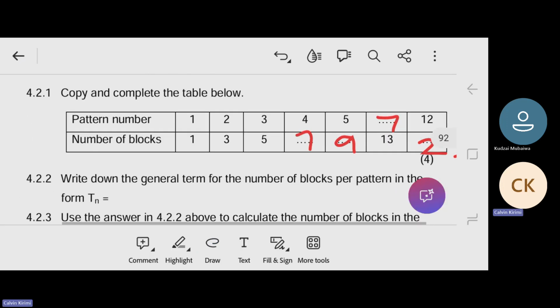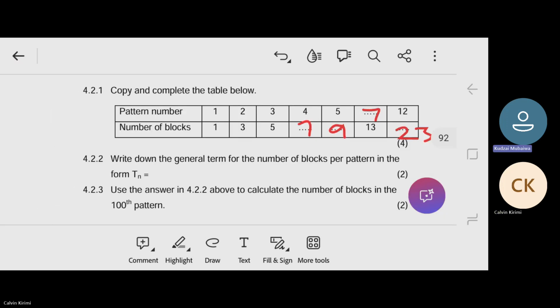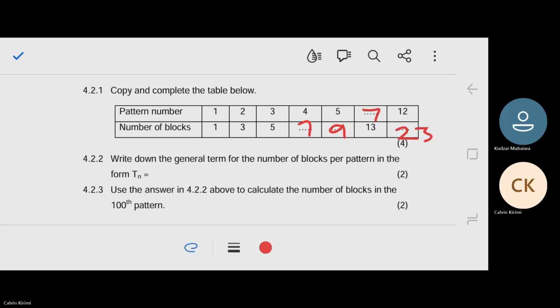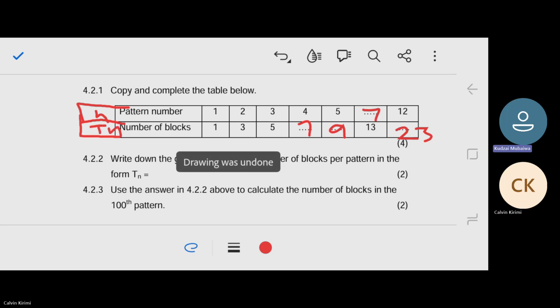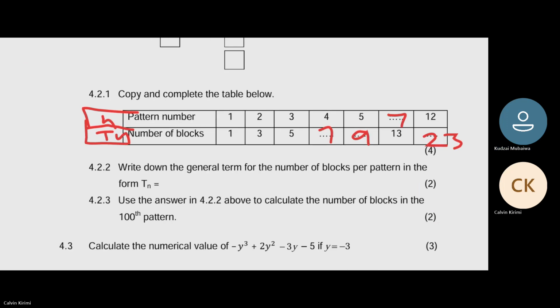Right. So what was your rule? Tn is supposed to work. Say my rule is 2n minus 1.